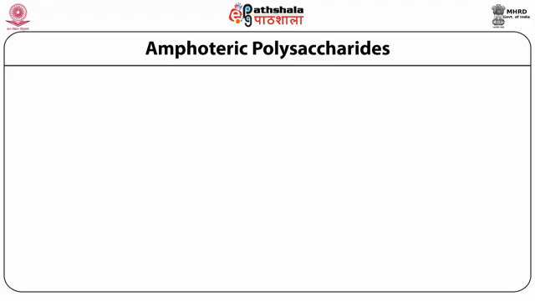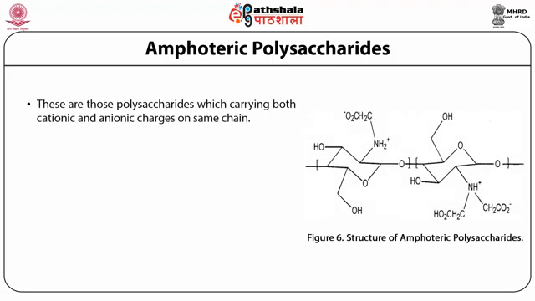Amphoteric polysaccharides are those polysaccharides which carry both cationic and anionic charges on the same chain. Generally, semi-natural derivatives are used in cosmetics as very few are available naturally. The structure of an amphoteric polysaccharide is shown to you.